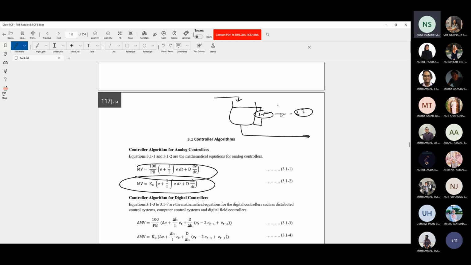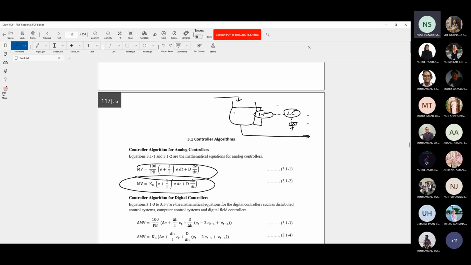Let me correct that again. You have the LC. This LC will be connected to some sort of transducer. The transducer converts the signal from the electrical signal from the controller to a pneumatic signal.